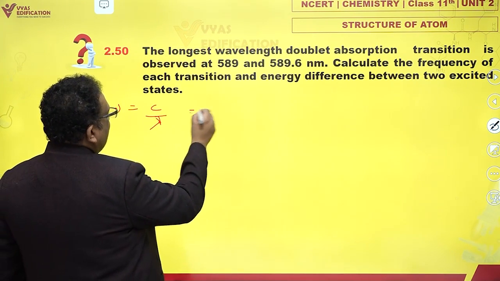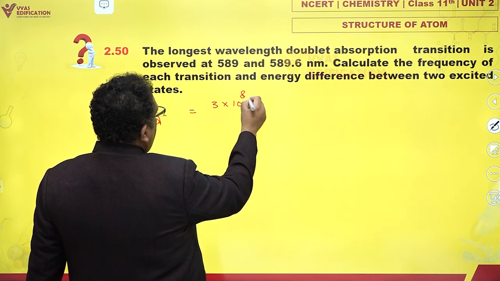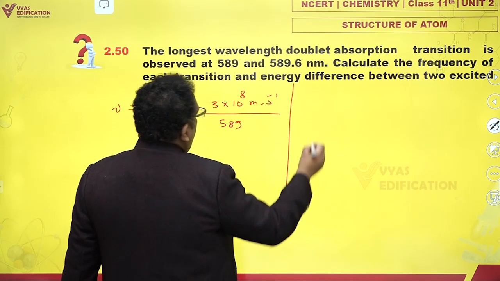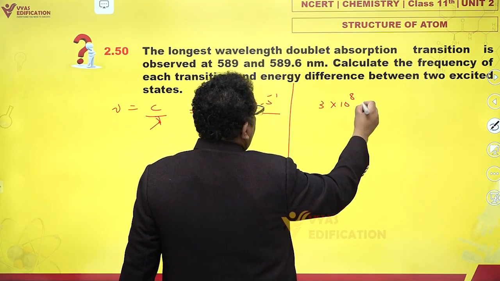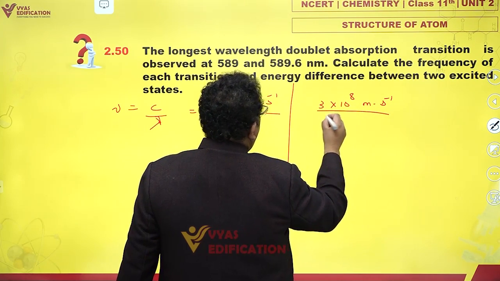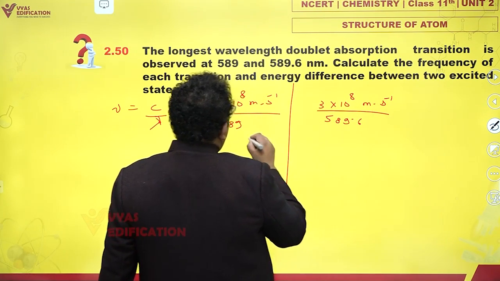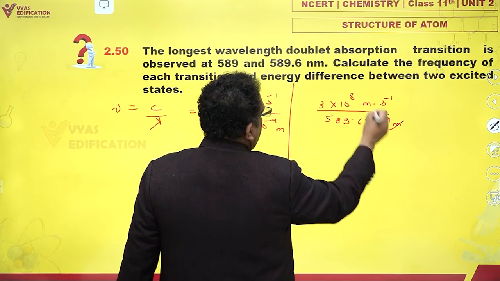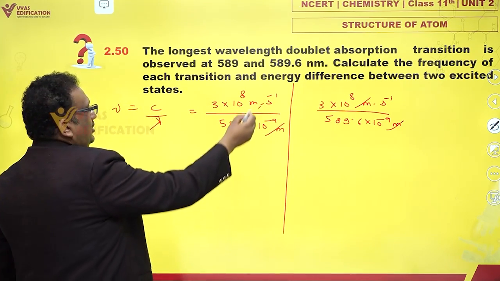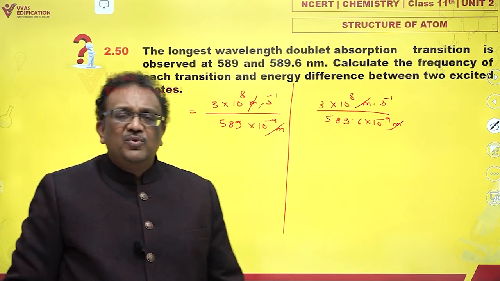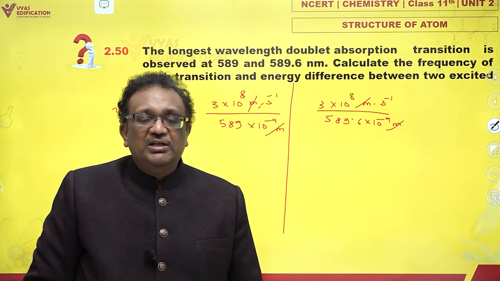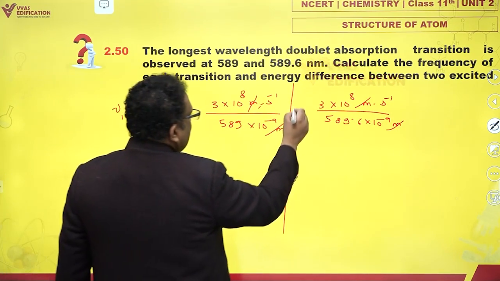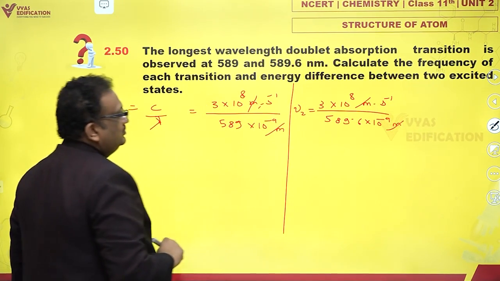So frequency is c, which is 3 × 10^8 meters per second, divided by 589 nanometers, or 3 × 10^8 meters per second divided by 589.6 nanometers. That does not look like much of a difference, only a minuscule difference, but you would get this as frequency 1, ν1, and this would be ν2, frequency 2.